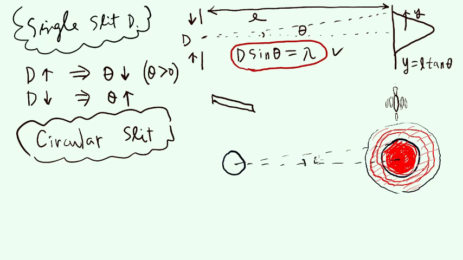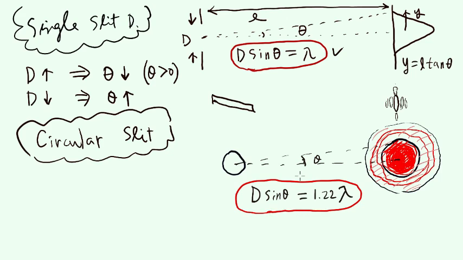This theta doesn't change much, but it changes a little bit. So for the circular slit, sine theta equals 1.22 lambda over d. That's a well-known result from the mathematics of the Airy pattern.